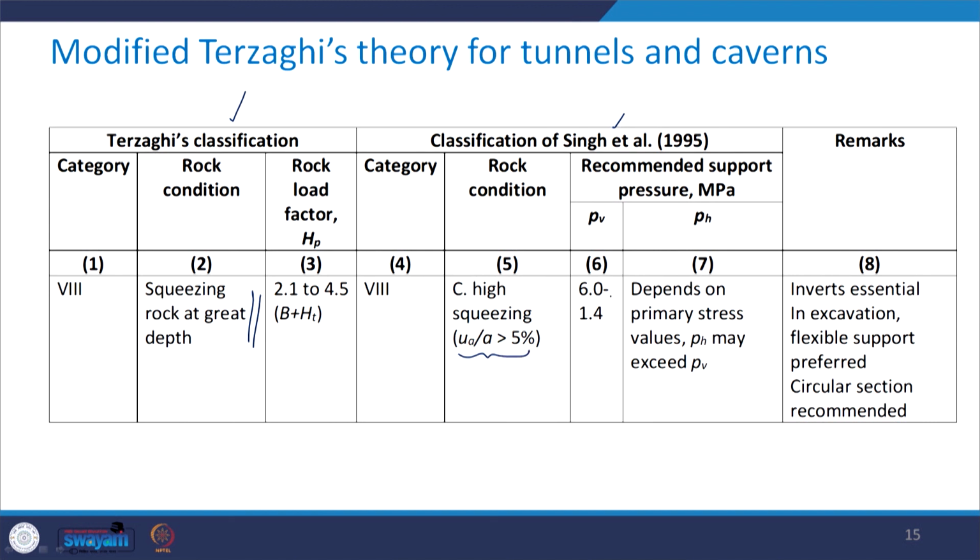In this case, you can see that the vertical pressure is high as compared to the earlier cases, and it is varying from 0.6 megapascal to 1.4 megapascal. The horizontal support pressure depends upon the primary stress values, and in this case also PH may exceed PV. And the remarks column, again it is similar to what I discussed with you earlier.